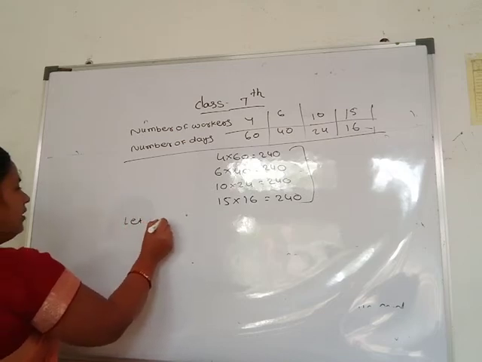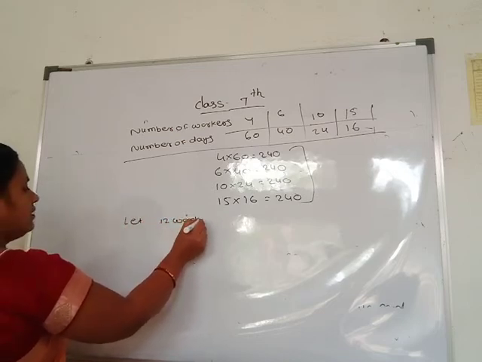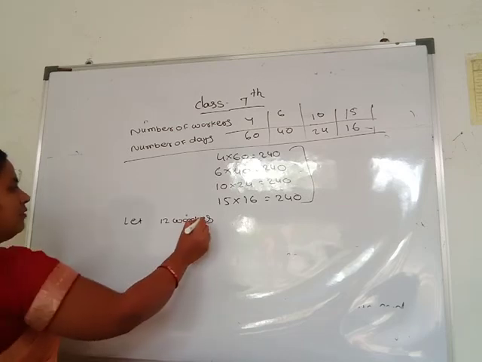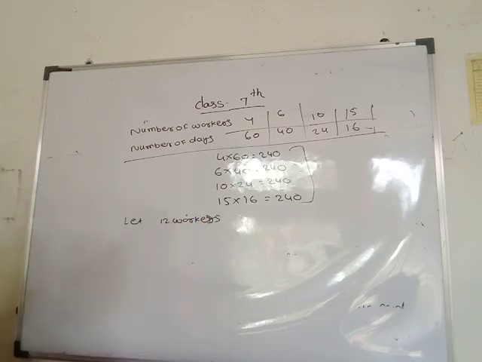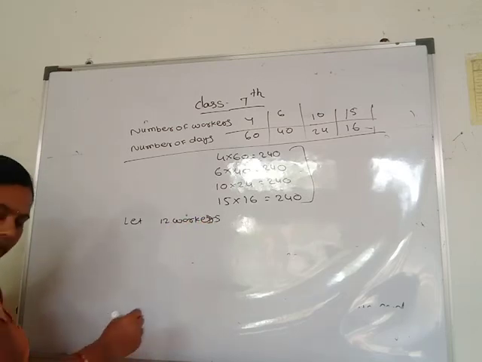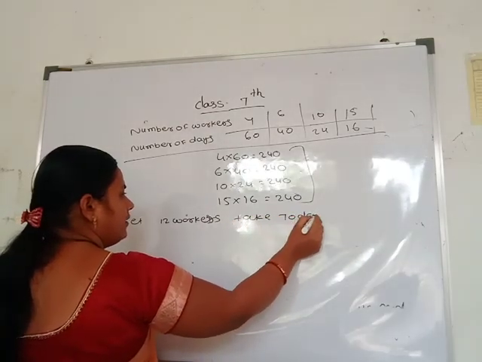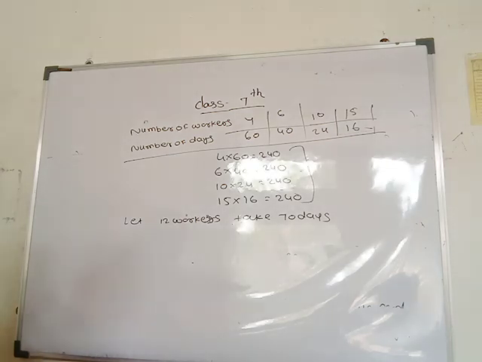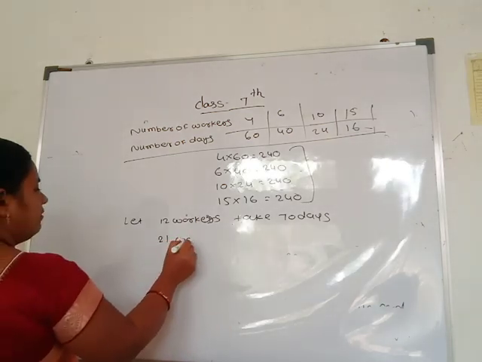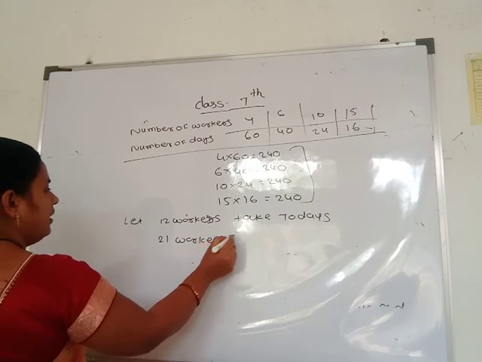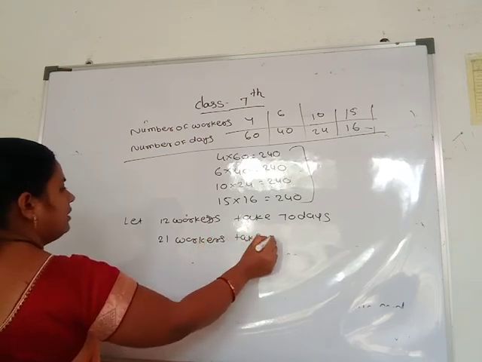Let 12 workers take 70 days, and 21 workers take suppose x days.